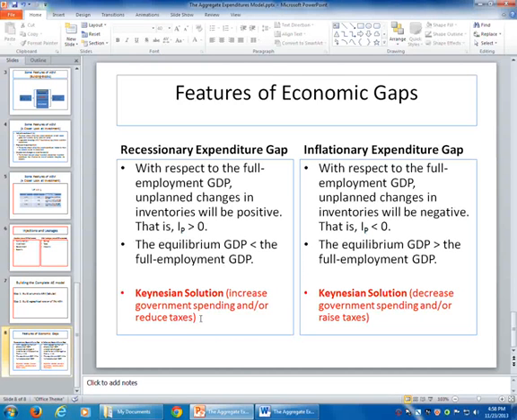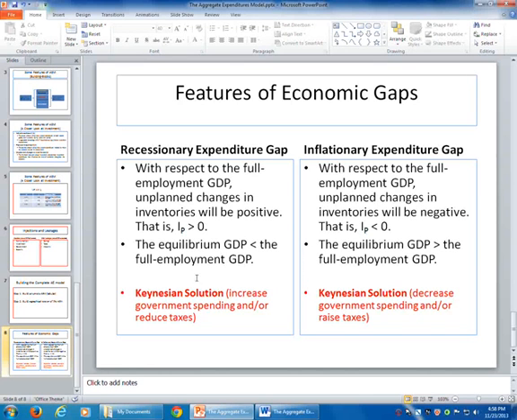And if you reduce taxes, taxes, as we will see, are designed to indirectly influence consumption. So if you reduce taxes, income goes up, consumption goes up, and the trick will be to have consumption increase enough to make aggregate expenditure increase enough to close any disparity between aggregate expenditure and real GDP at full employment.